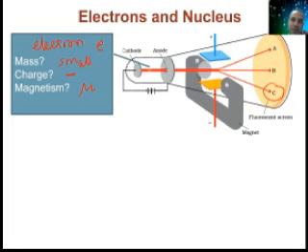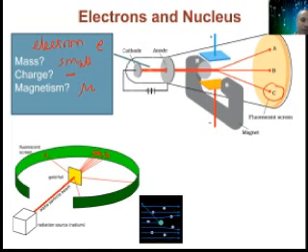In another experiment, you take a radioactive source, which is known to emit positively charged alpha particles, and you irradiate a gold sample with these positively charged particles. You find that the particles are actually diffracting at different angles.